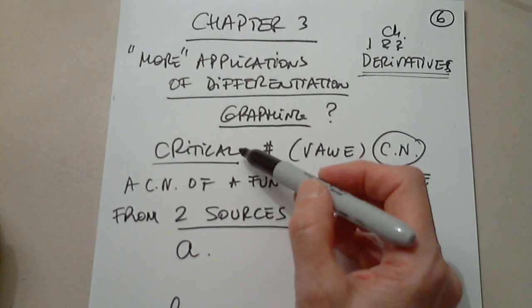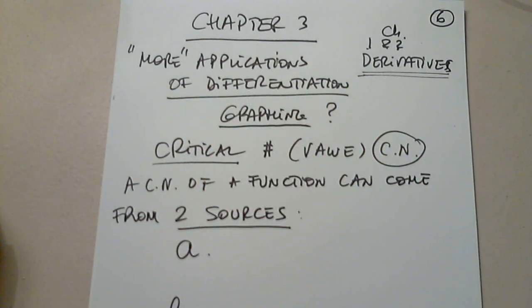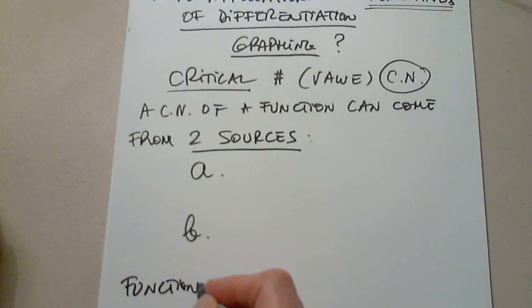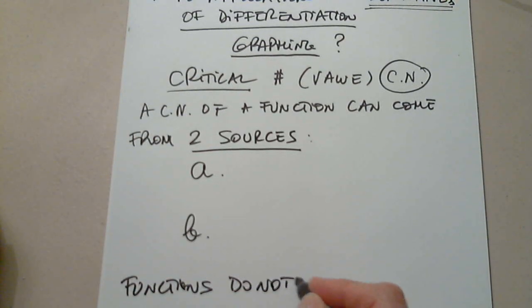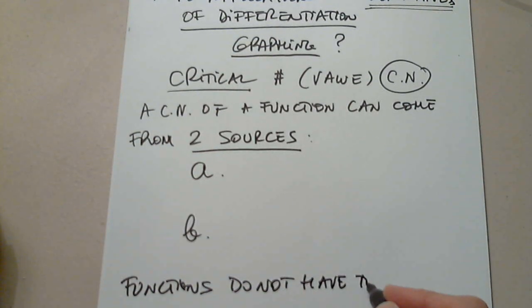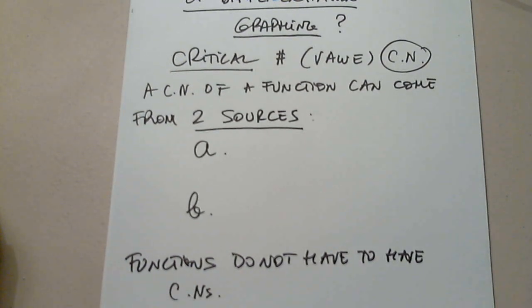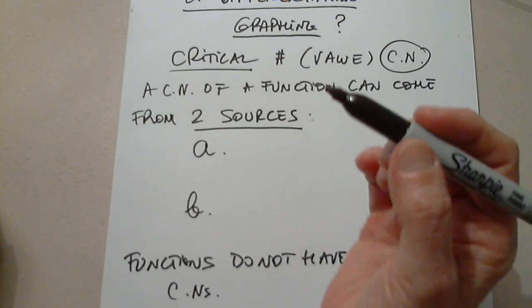Does a function have to have critical numbers? No. So I'm going to add here, functions do not have to have critical numbers. They don't have to. You will see what happens if they do. If they don't, they don't.